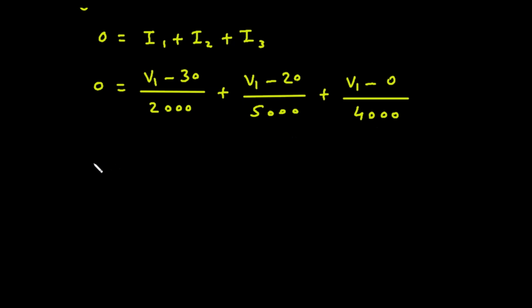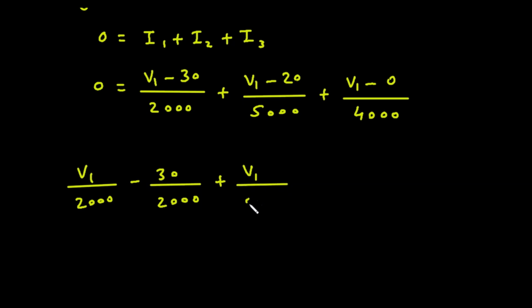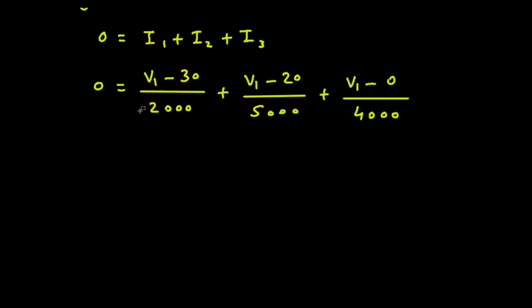So let's take this on the left side. It will be V1 divided by 2000, then minus 30 divided by 2000, then plus V1 divided by 5000. So actually what we can do to simplify this further, we will multiply both sides by 1000.